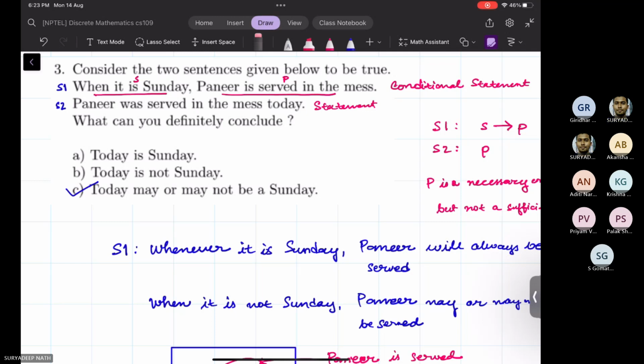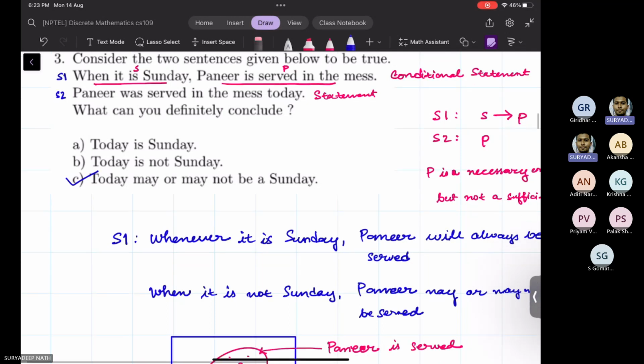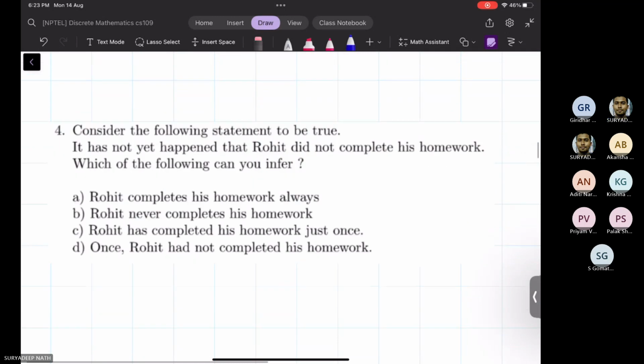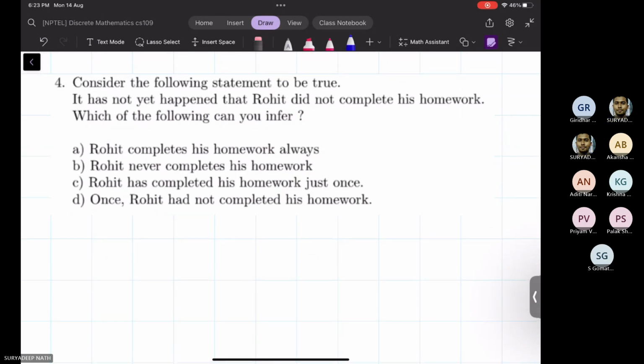Okay. So we can move on to the next question. So now we come to another statement. It has not happened that Rohit did not complete his homework. So which of the following can you infer? You have four statements. A: Rohit completes his homework always. B: Rohit never completes his homework.